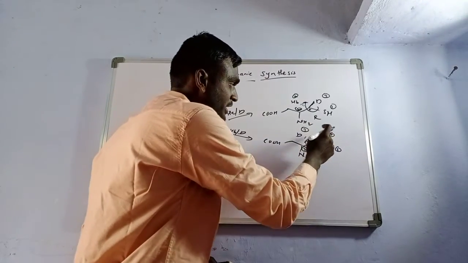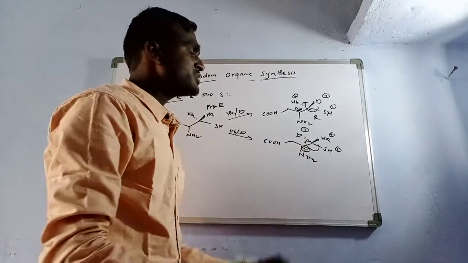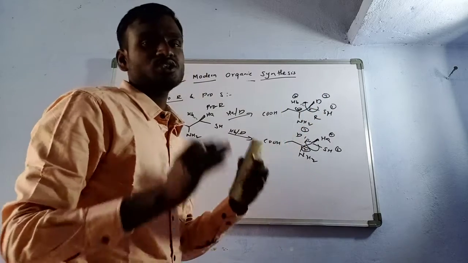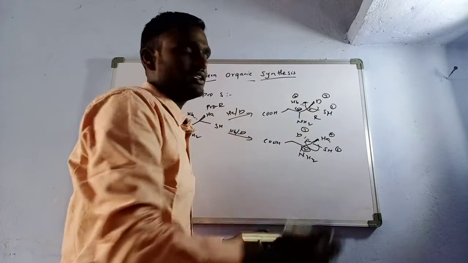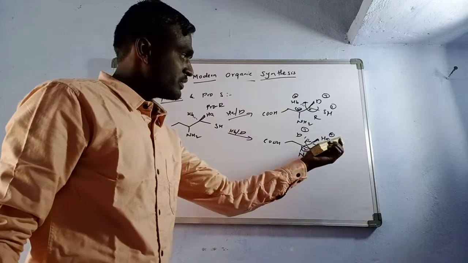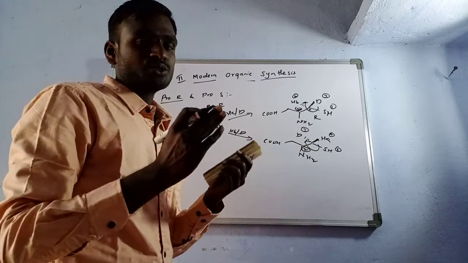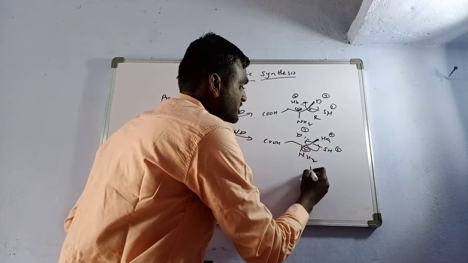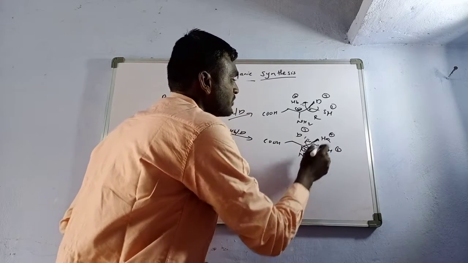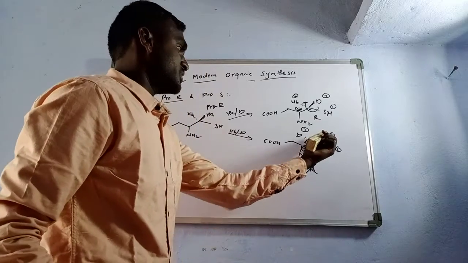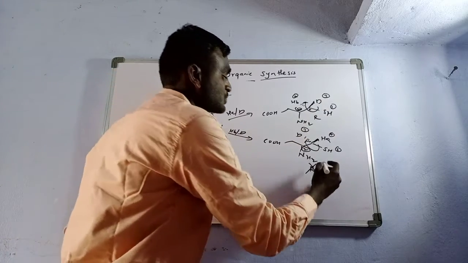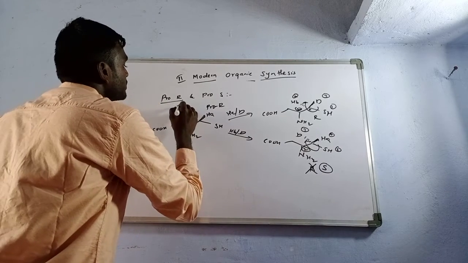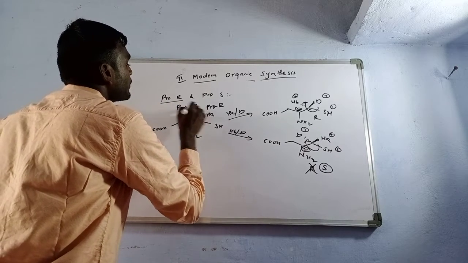If the fourth priority group is away from you, that is a dotted line, then there is no change, whether R or S. But if the fourth priority group is towards you, the configuration is inverted. So it is clockwise, that is R, but since the fourth priority group is on the thick line, towards you, it is an S configuration. So HB will be Pro-S.